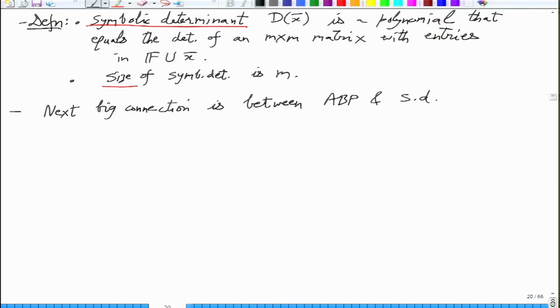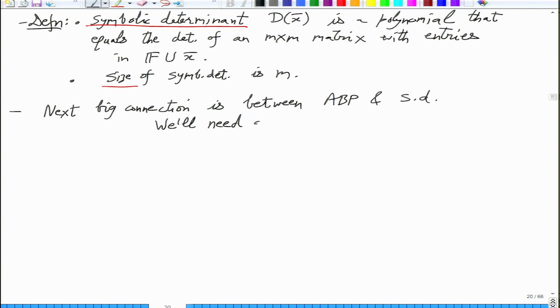So it is a pretty non-trivial connection. It will need a combinatorial and especially graph theoretic interpretation of determinant. You can guess this because ABP was defined as a graph, so we'll have to see determinant in graph form and then connect the two, connect with ABP.